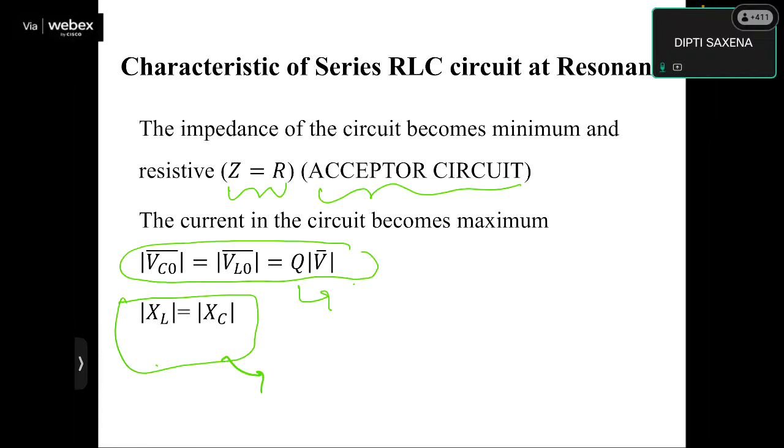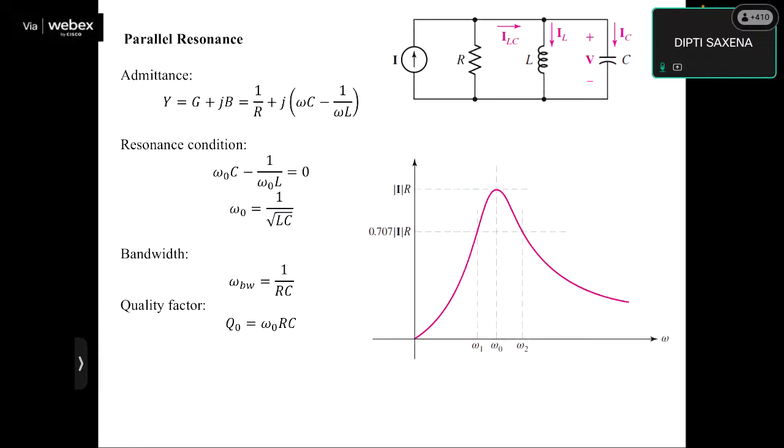And if the circuit has to behave like a resistive circuit, then the imaginary part of the impedance should be equal to zero. In this case, of the series circuit, Z is equal to R plus j(omega L minus 1 upon omega C). So XL is equal to XC.